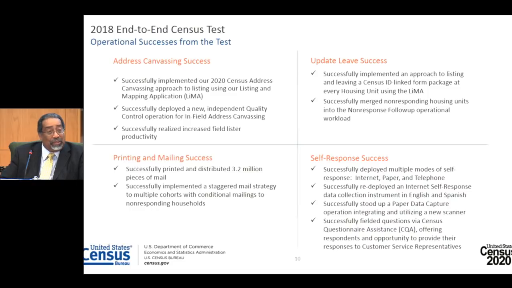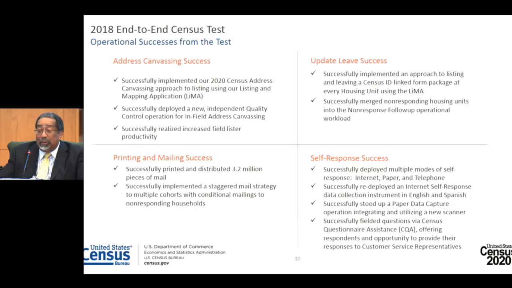For update leave, we successfully implemented an approach to listing, leaving a census ID-linked form package at every housing unit using our LIMA application. We successfully merged non-responding household units into the non-response follow-up operational workload. And for self-response, as I mentioned earlier, we successfully deployed multiple modes of self-response: internet, paper, and telephone.